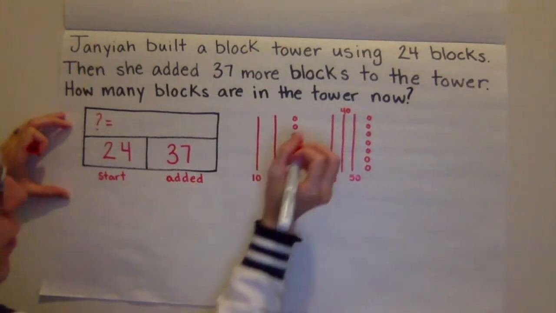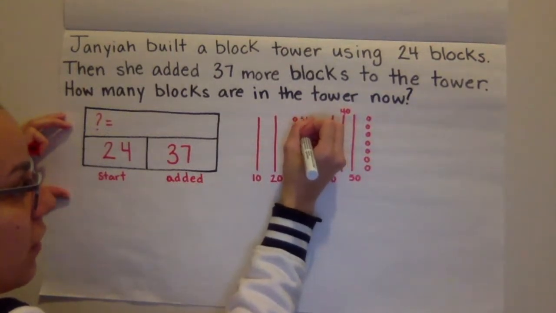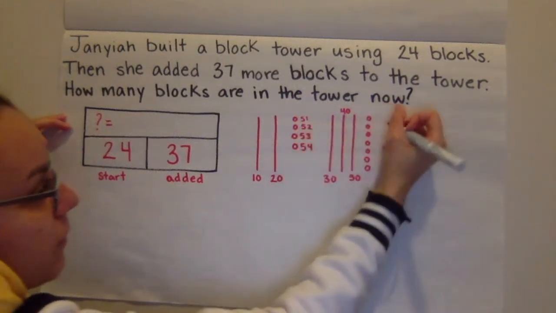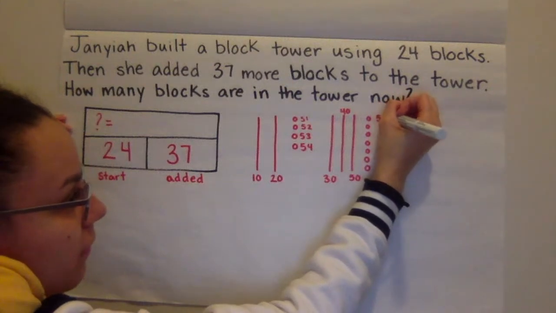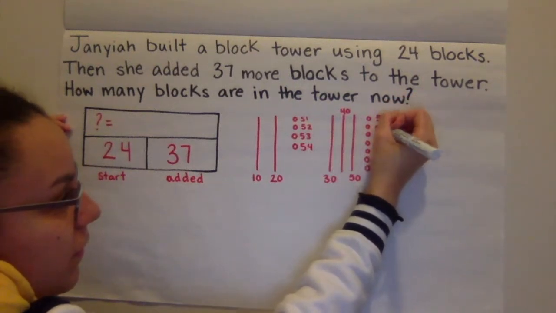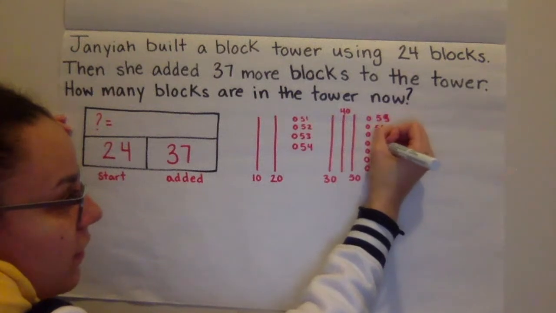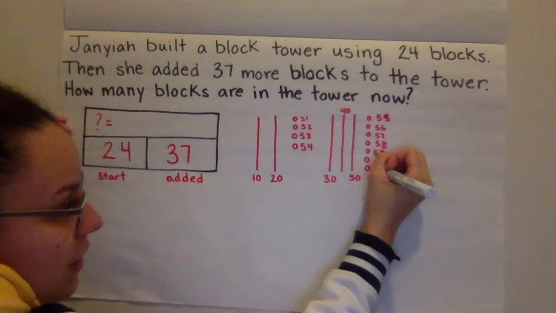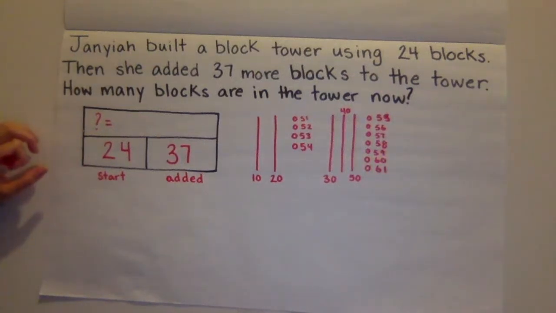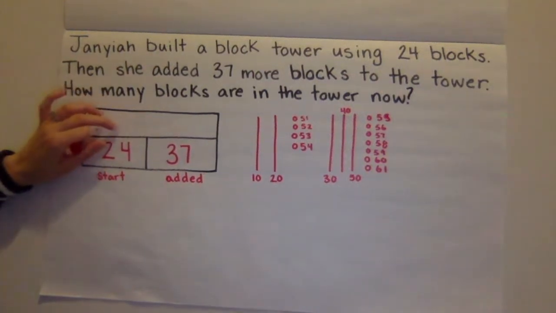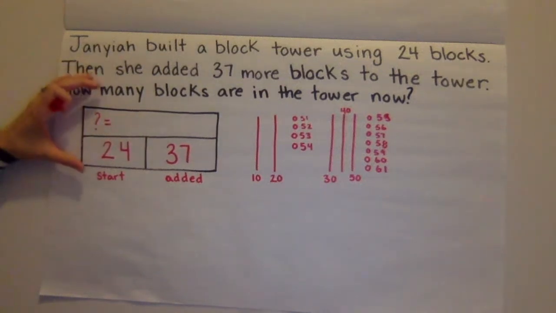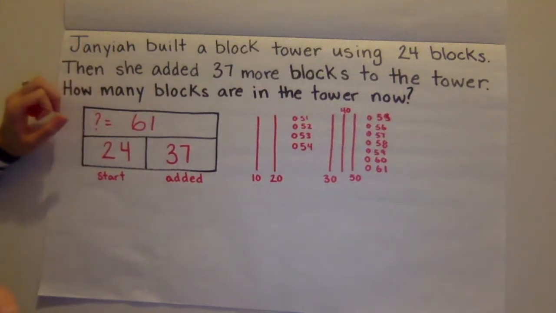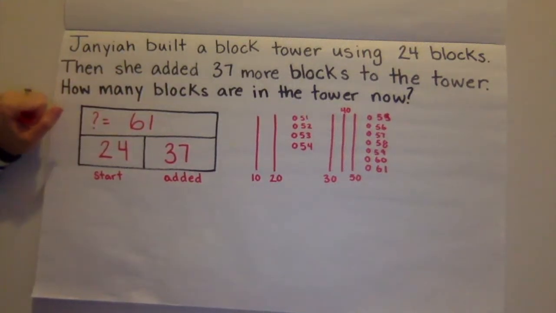Now let me go back and add my ones. 51, 52, 53, 54, 55, 56, 57, 58, 59, 60, 61. How many does she have? How many blocks did she use? Yeah, she used a lot. 61 blocks. Who thinks they know what my number sentence would be?